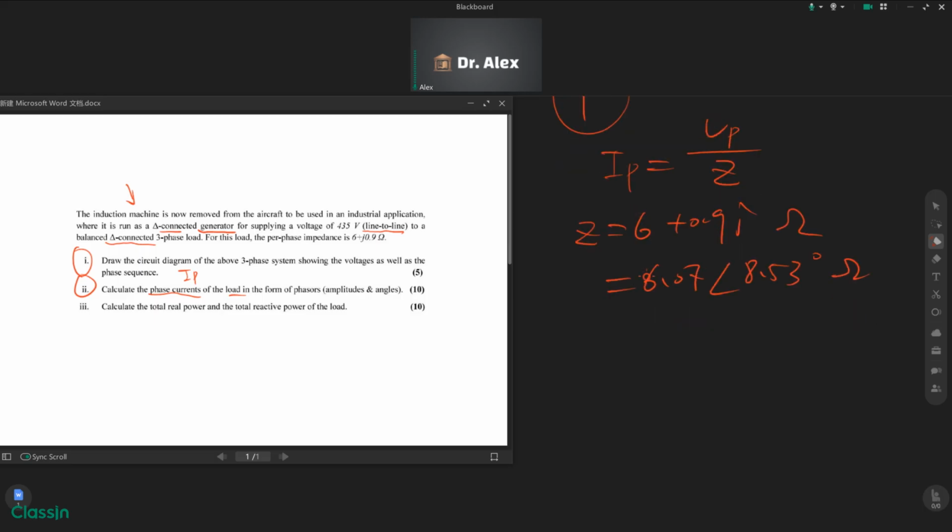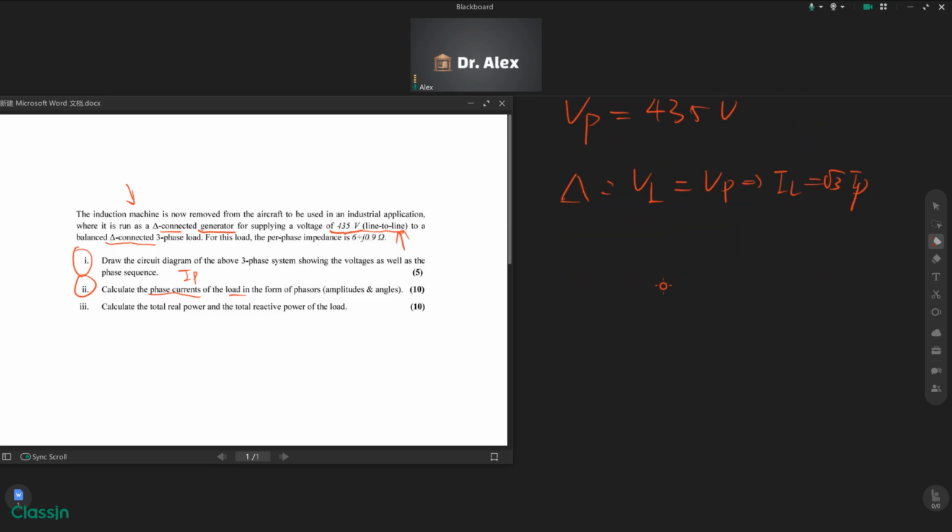And we also have the phase voltage equal to 435 volts, which is given by the question. Be careful, in the question it said this number is the line voltage, but for the delta structure, the line voltage equals the phase voltage. That's the same. The difference is that the line current is square root of 3 times the phase current, but that's another story.